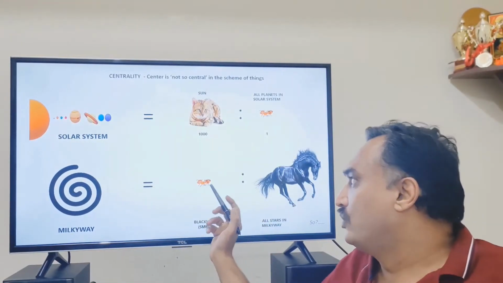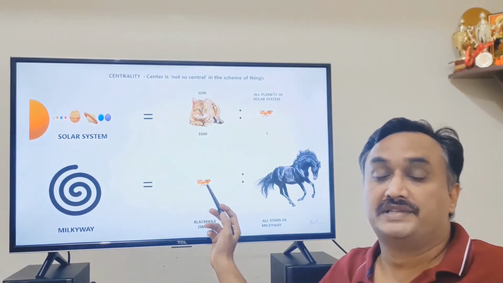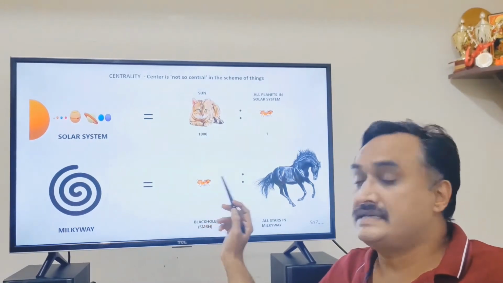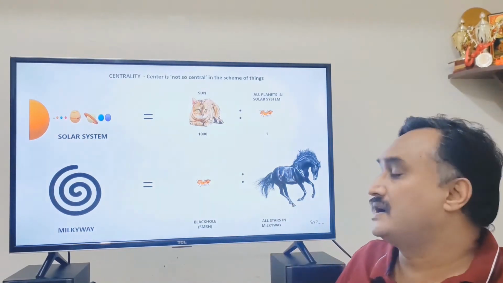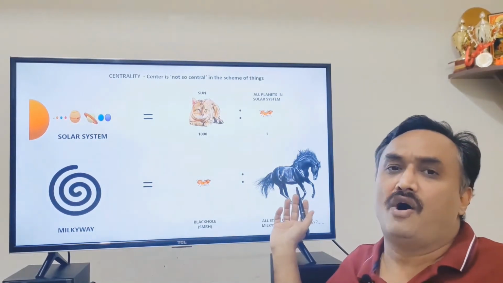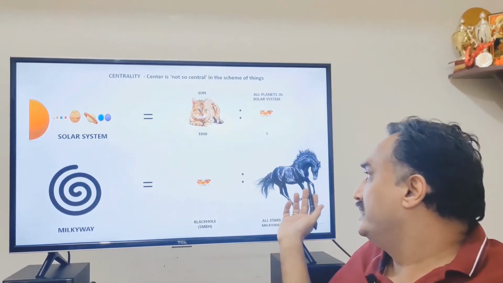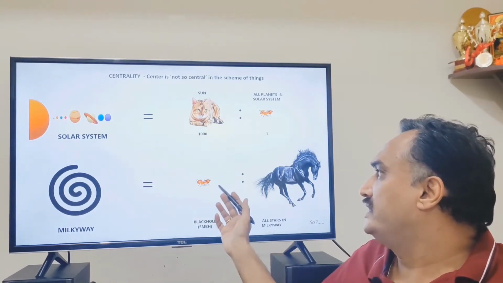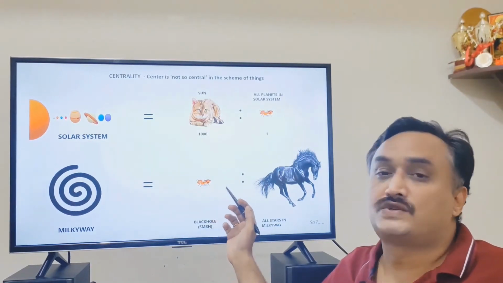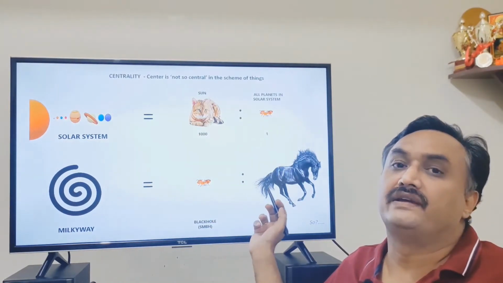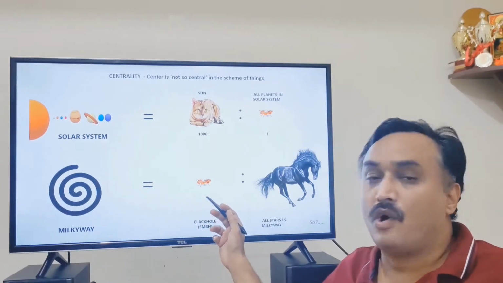If the supermassive black hole is represented by an ant, all the masses put together, the cumulative masses of the stars, would be something like a horse. And this horse is not just away, this distance away. This is 25,000 light years away from this small ant.